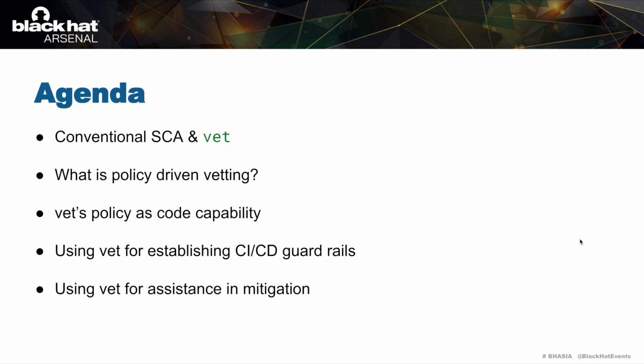Then we will put all of this together as a practical use case of establishing guardrails in CI/CD to prevent introducing new risky dependencies in your application. Finally, we will look at how VET can also be used to drive, or at least assist in, mitigation of risks in open source dependencies.